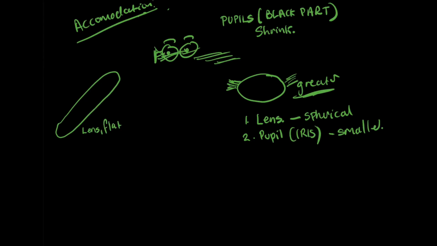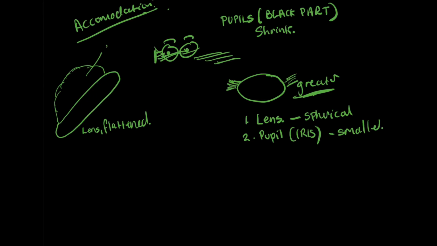Lens flattened. And what is also going to happen is that the aqueous humor, that area, is also going to be extended because as we flatten this, there becomes more space here for that liquid.